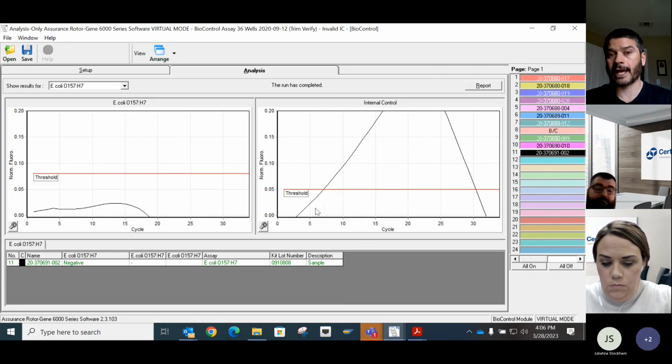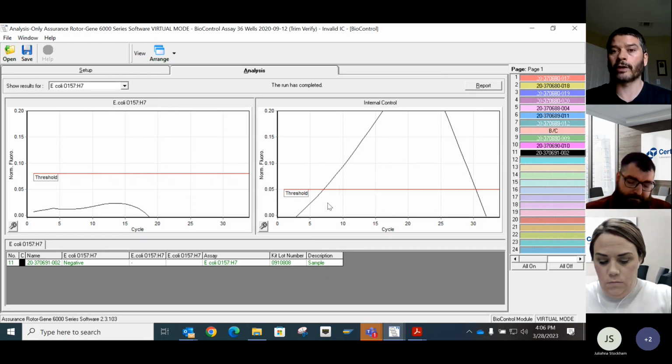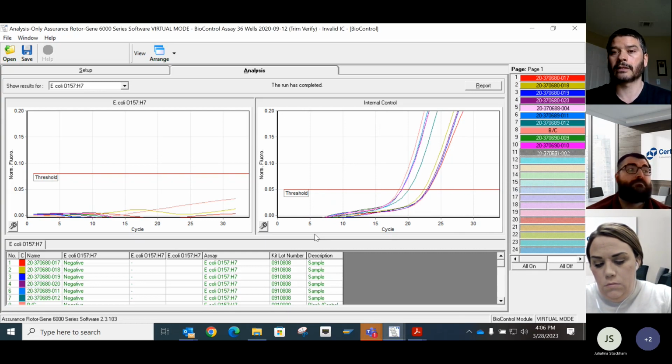I'm pretty sure this is another case of the contents evaporating from the tube. So even though we had a negative result here, and that's due to this line crossing the threshold, this is not a negative result. This sample needs to be reanalyzed. But once again, we fall back on our knowledge of what DNA amplification looks like, and that is this.